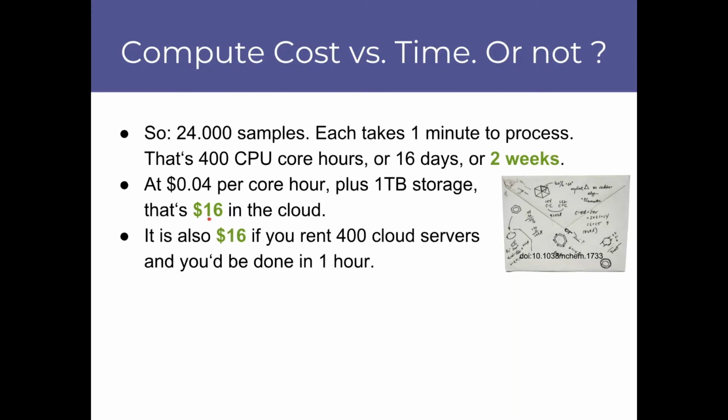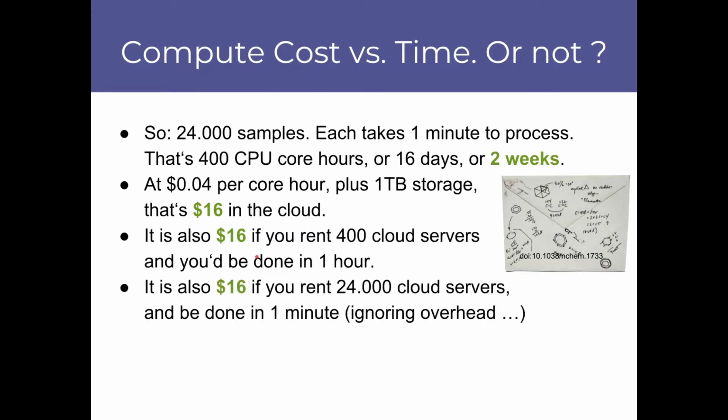It is the same $16 if you rent 400 cloud servers, and you would be done in 1 hour. Or it's still $16 if you rent 24,000 cloud servers, 1 for each sample, and you would be done in 1 minute. I have to admit that is a lie, because firing up those 24,000 nodes will take a while.